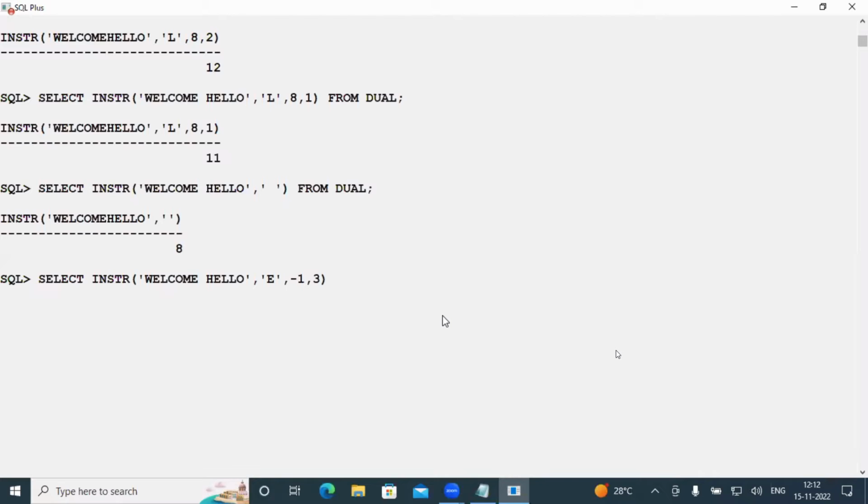Can you expect what this is? -1 means what now? O. Yes or no? From O, this is called minus. From O, this is the first occurrence of E. This is the second occurrence of E. And this is the third occurrence of E. Yes or no?